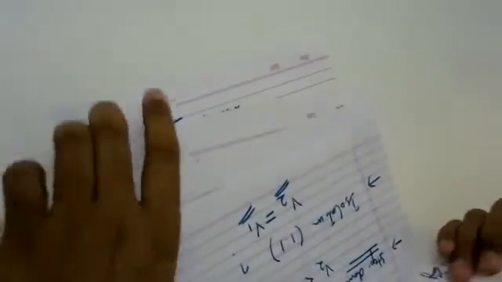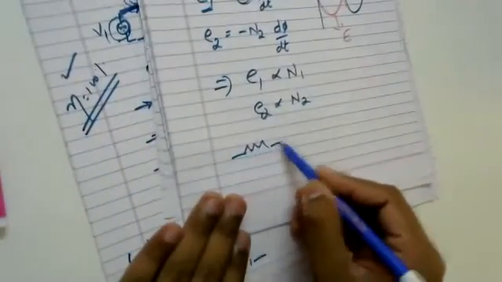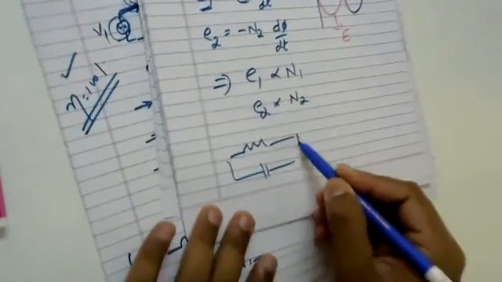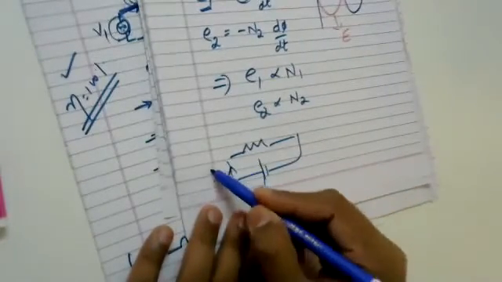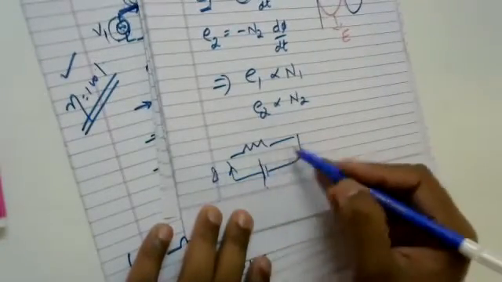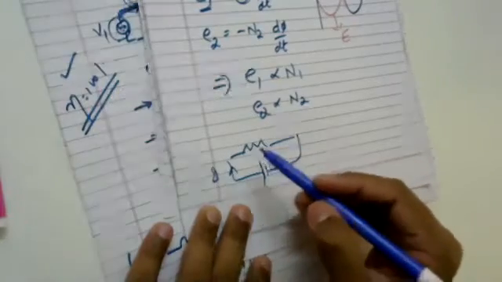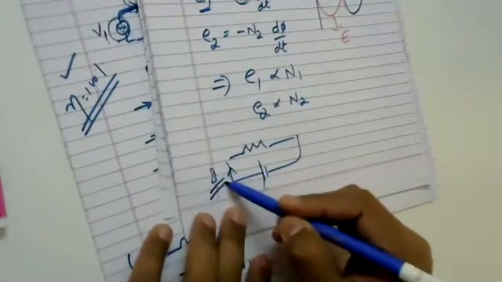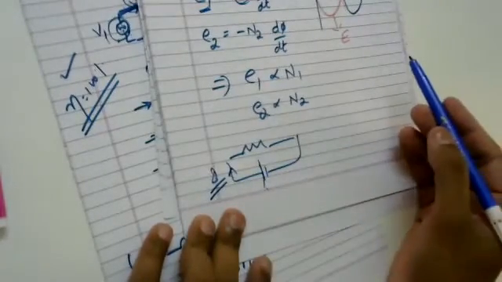One is electric circuits, and one more is called magnetic circuits. Now in electric circuits, what happens? You'll have a resistance, a voltage source, and a value of current I which is flowing through the circuit, right? So here I is flowing.